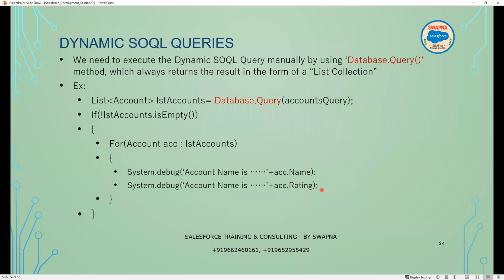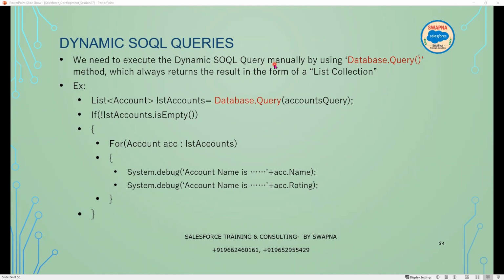Right? So the only difference between static and dynamic is that dynamic will store it into a string. Dynamic is stored into the string, and that string we need to pass all the conditions during the runtime. Once we pass the information during the runtime to the SOQL string, then we need to convert that SOQL string to the query.